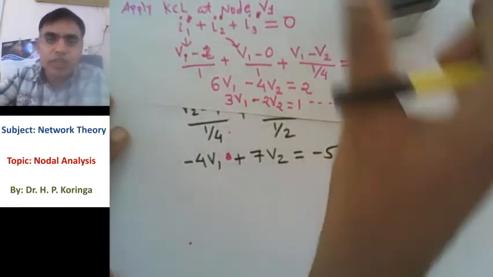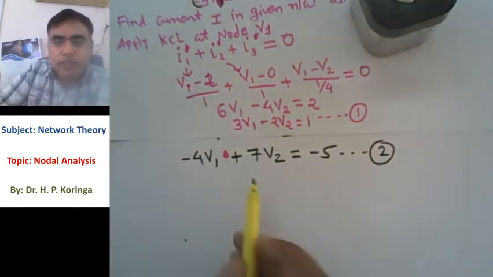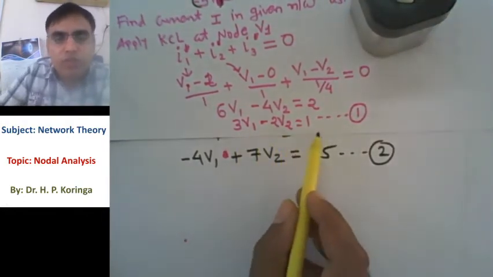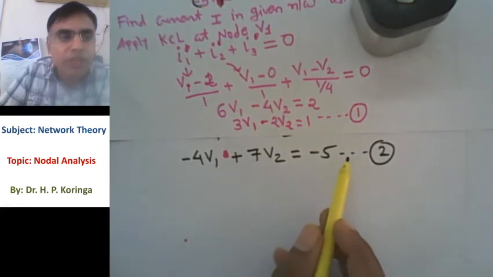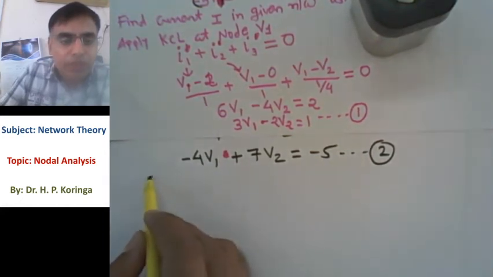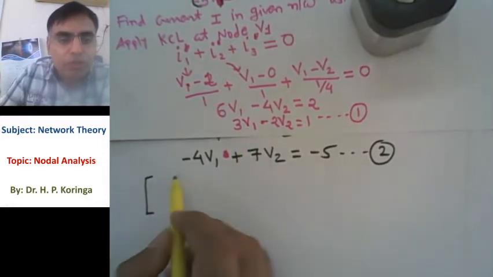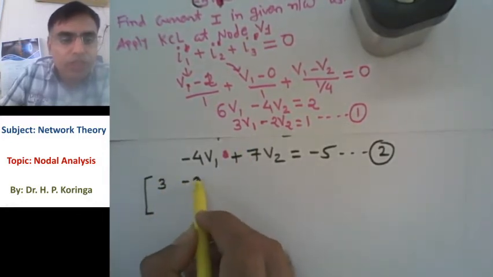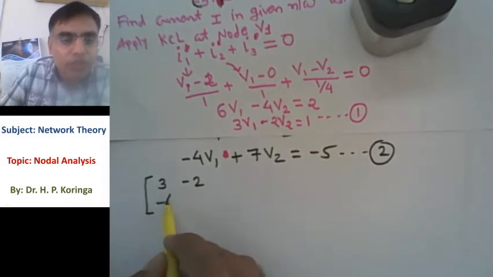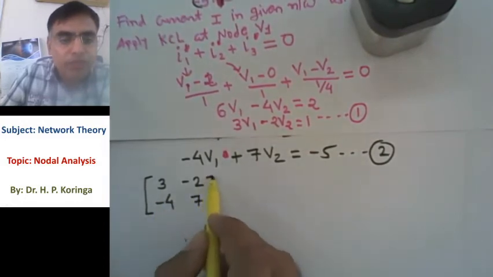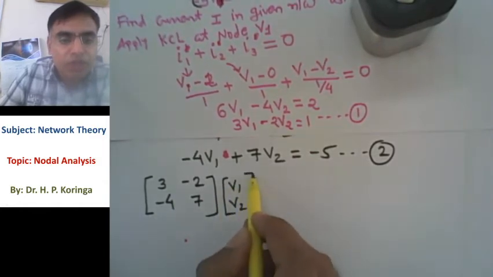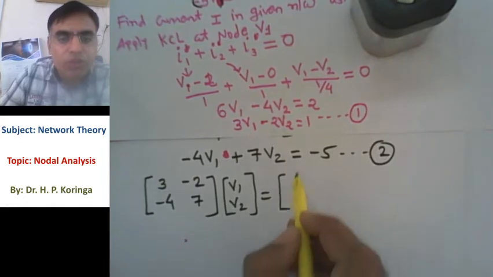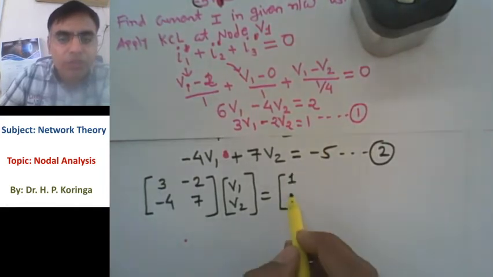Our equation 1 is 3V1 minus 2V2 is equal to 1 and the other is minus 4V1 plus 7V2 is equal to minus 4. Let's prepare the matrix. The coefficients from the first equation are 3 and minus 2, and from the second equation are minus 4 and 7. The unknowns are V1 and V2, and the constants are 1 from the first equation and minus 5 from the second.